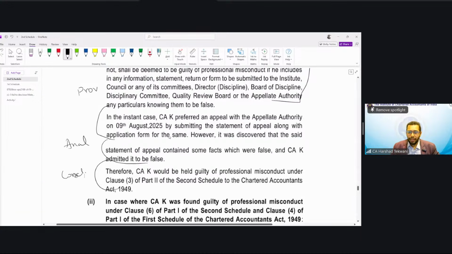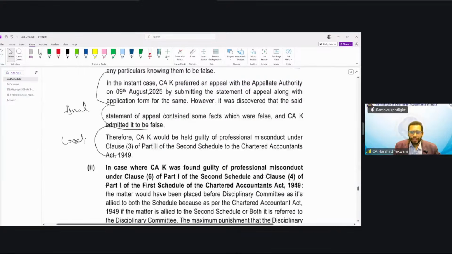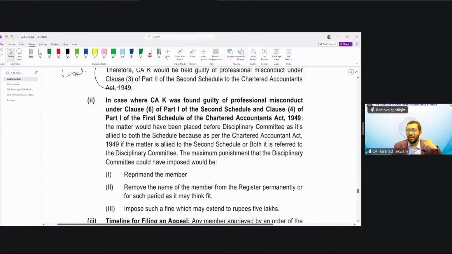Second, if he was found guilty under clause 6, clause 4, or even clause 3, then the matter will go to the Disciplinary Committee, and these are the fines that can be imposed: remove the name, reprimand the member, or a fine which may extend up to 5 lakh rupees.